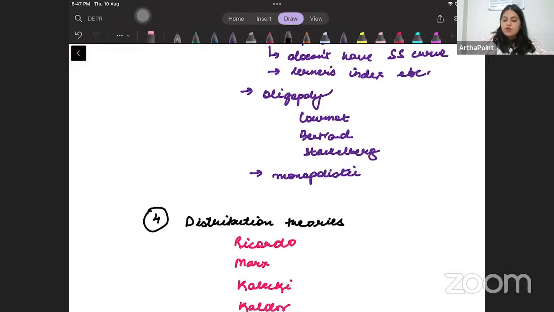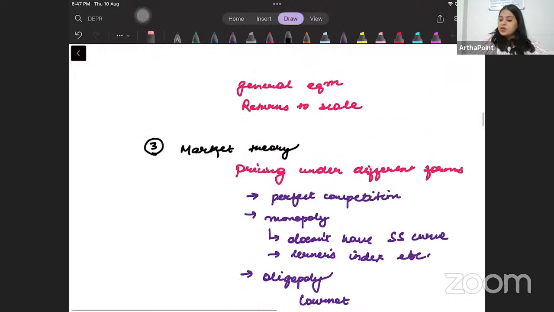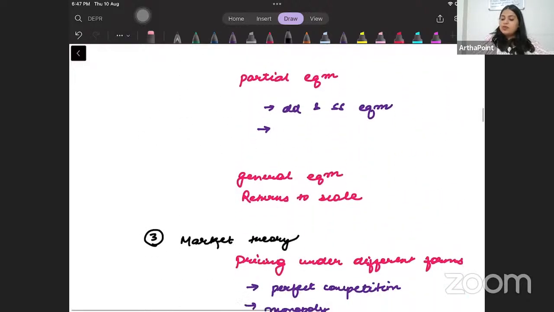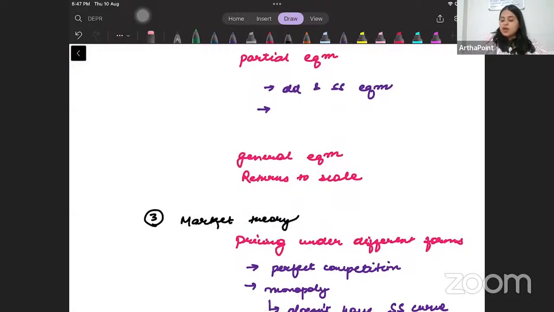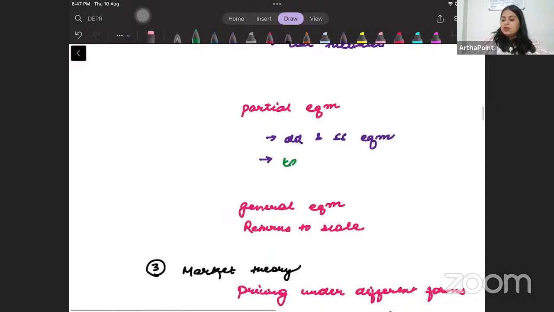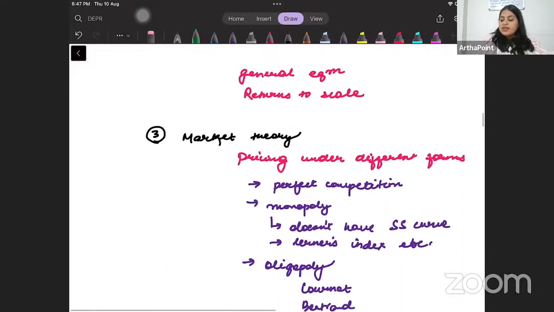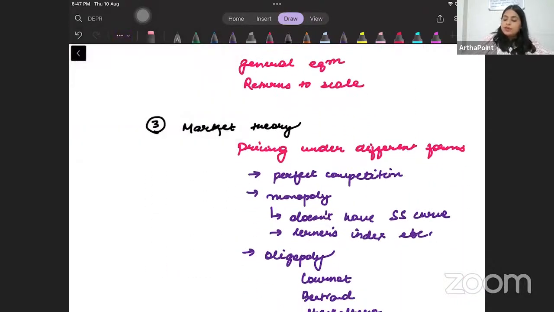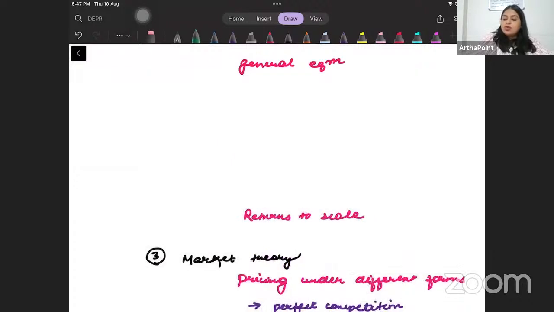You must be aware of all of this. ठीक है. So better now let us go back and come to the equilibrium. So यहाँ पे how taxes affect the partial equilibrium should also be known. Better next let's talk about general equilibrium. So general equilibrium में you should be aware about how to make the Edgeworth box.